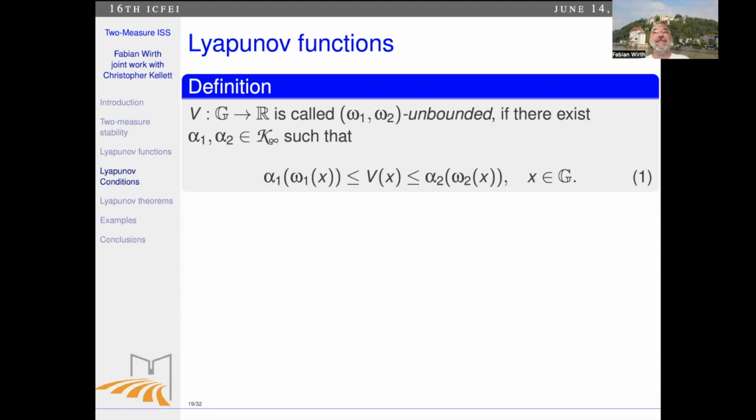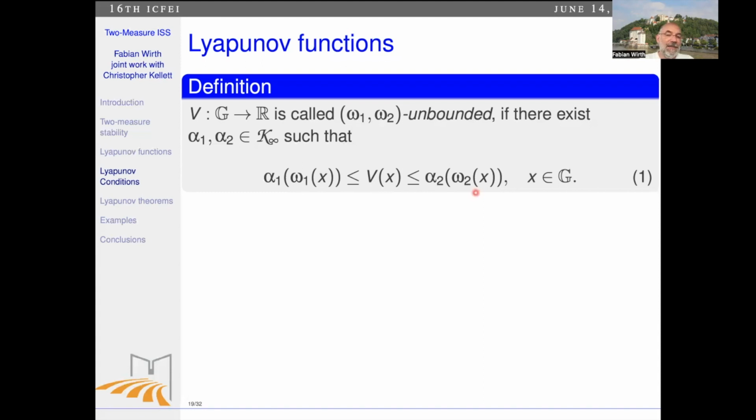Oh, well, norms exist, of course, but we are not interested in norms. We are interested in our measurement functions. So the replacement of radial unboundedness is this property here. We have omega-1, omega-2 unboundedness, if you want, because it's not really radial in any sense. But the concept is the same. So we want K-infinity functions so that alpha-1 of omega-1 is less than what should eventually be a Lyapunov function, and alpha-2 of omega-2 is larger.